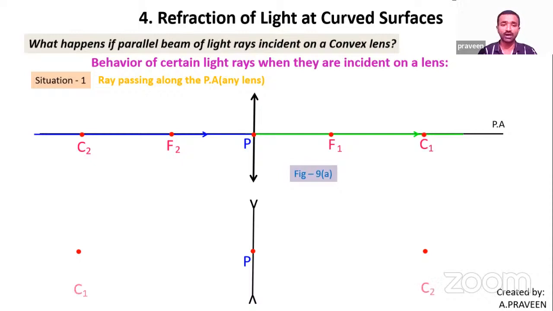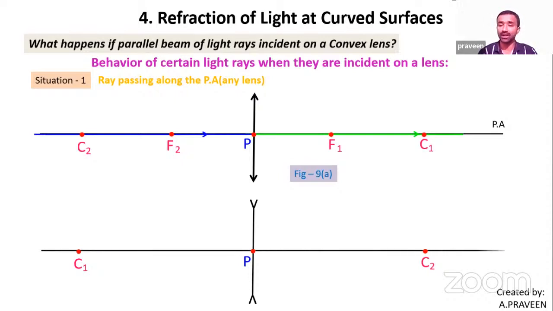After that, join a line through the centers of curvature and the pole. That line we call the principal axis. After that, identify their focal points respectively: left side F1, right side F2. Why are they actually opposite?